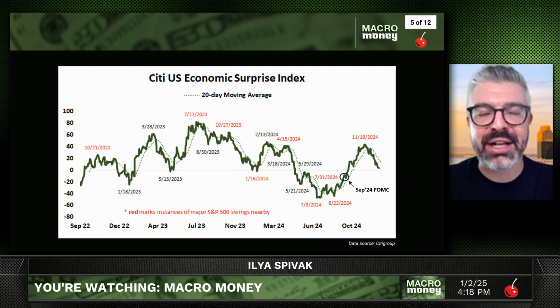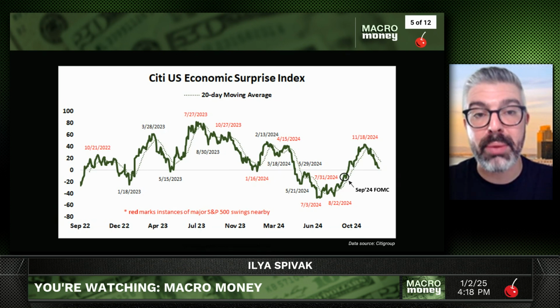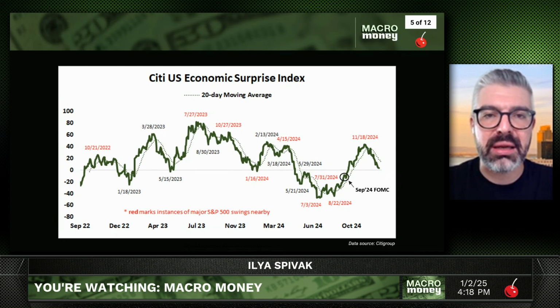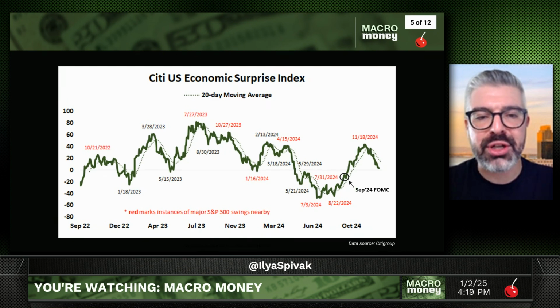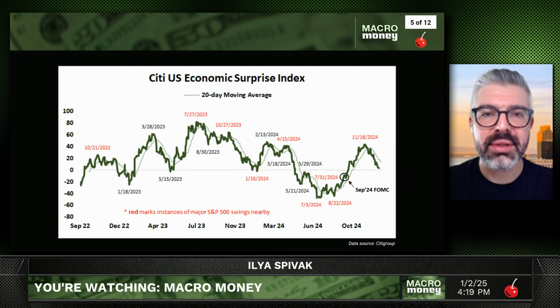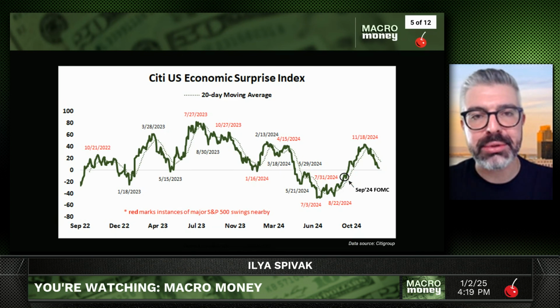So now all of this extra stimulus that you're saying you're going to do, in particular the 100 basis points that are being projected for 2025, you're not going to be able to do all of this because all of the stimulus you're dumping on the economy here, 50 basis points up front, another 50 basis points at the last two meetings of the year, you're dumping it on an economy that's already improving as of late August. And so with that, you're going to get reflation, and you're not going to be able to cut as much because inflation and wanting to get to your 2% inflation target is going to keep you from doing that.